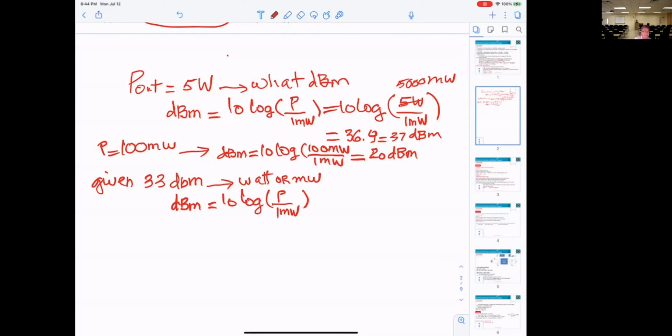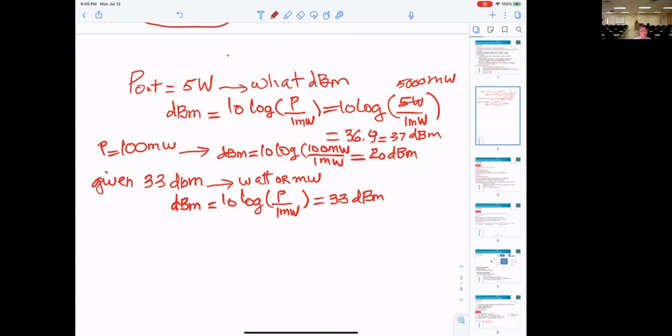Okay? And now that power they gave to you, 33. So they will be equal 33 dBm. Can you follow up to this point?